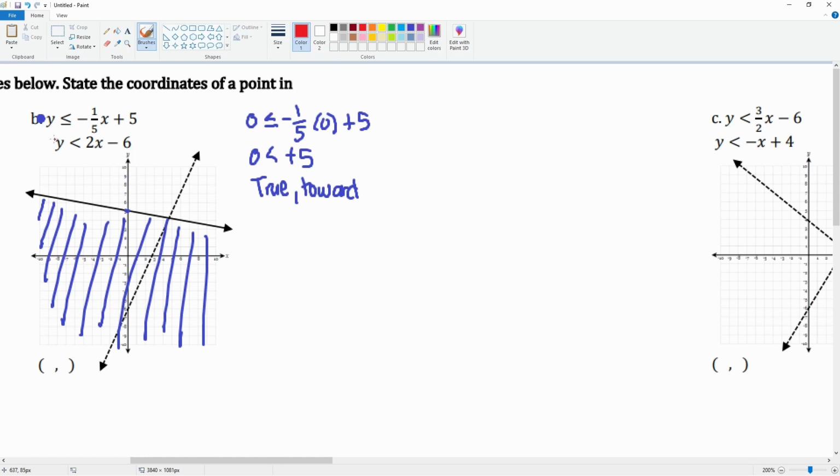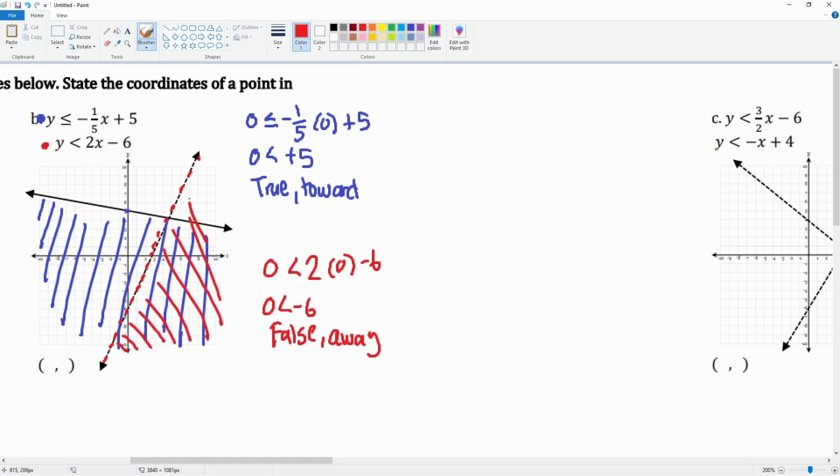Now let's plug in 0 for the bottom one. 0 for the y is less than 2 times 0 minus 6. Is 0 less than -6? This is false. 0 is not less than -6, so we're going to shade away. This is this line, which is that dash, and away from (0, 0) would be going to the right direction. We can pick any point that is in the solution set, so we can pick this point right here.